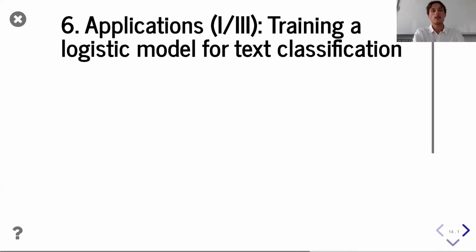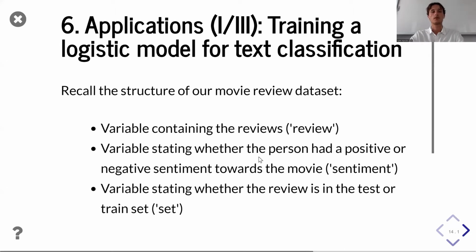First, training a logistic model for text classification. So we recall the structure of our movie review data set. First, we had a variable containing the reviews, which is called review. Then we had a variable stating whether the person had a positive or negative sentiment towards the movie. That is called sentiment. And then we had a variable stating whether the review is in the test or train set.